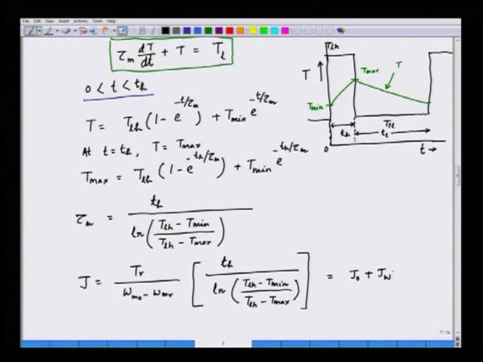So, if we know the inertia of the motor, that is J naught, we can find out the inertia of the flywheel, that is J w.